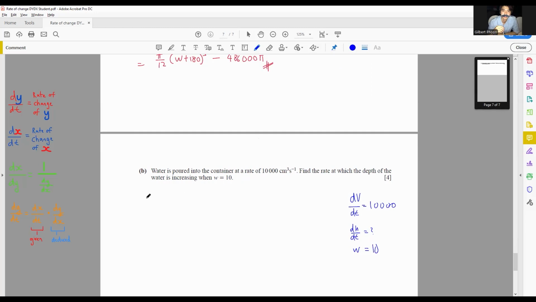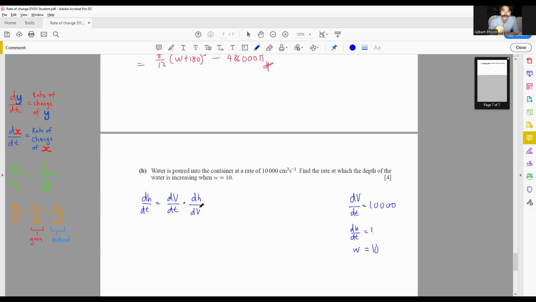Solving our equation, dW over dt equals what we've been given, dV over dt, multiplied by dW over dV.